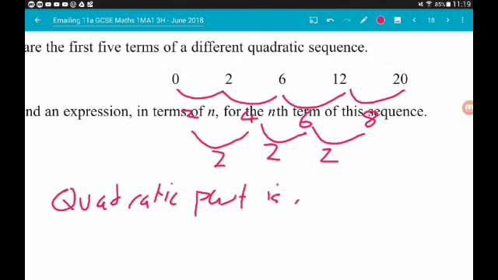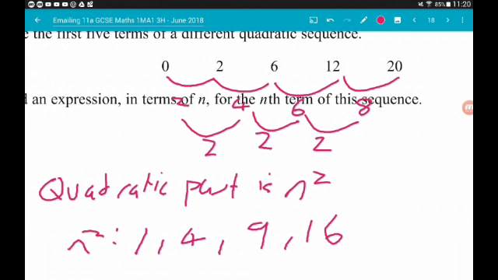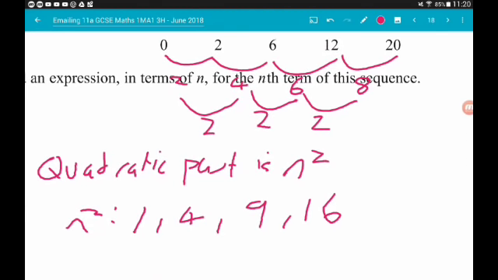is n squared. So now we write down the first few terms of n squared. So we got 1, 4, 9, 16, that will be enough. So now we take the quadratic part away from the whole sequence. So what that does is leave us with the linear part of the sequence.